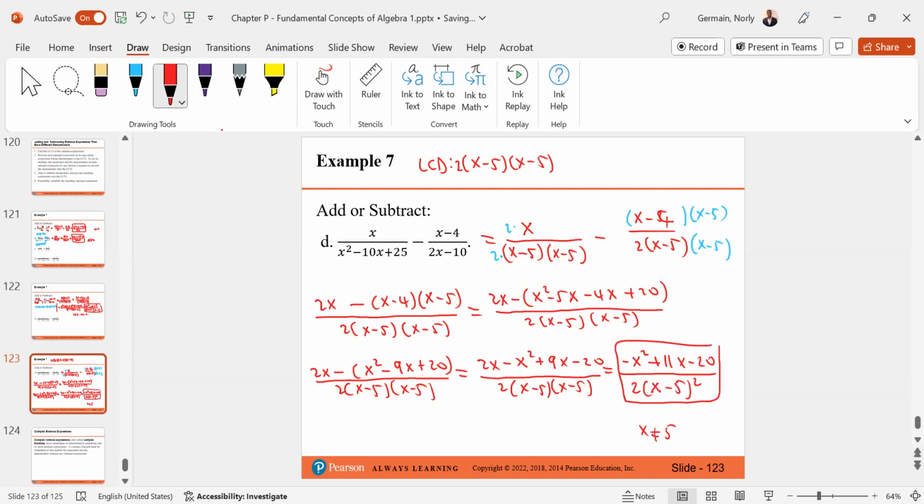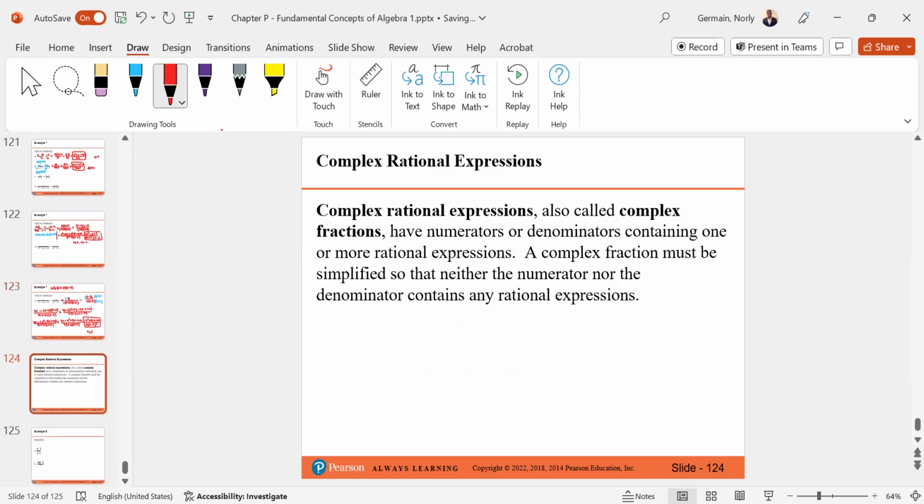Let's complete this section, especially this chapter, by doing some complex rational expressions, also called complex fractions. If you have something like 2 plus 1 over x, over 3 minus 2 over x, when you have these complicated things, we call them complex rational expressions.